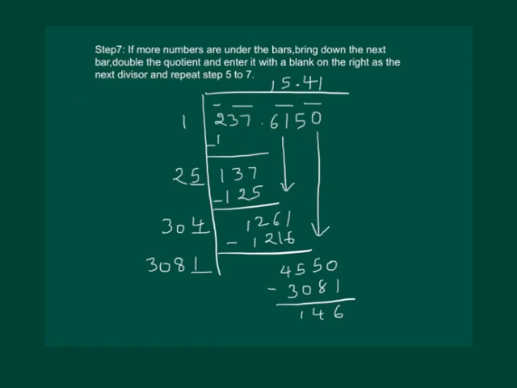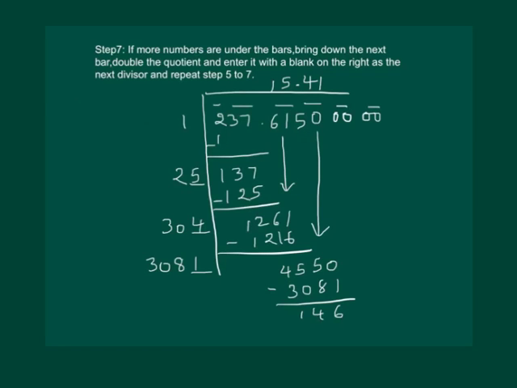Here we can see that we haven't got a 0 as the remainder, so we can continue the process by adding more number of zeros after the decimal and continue the process.